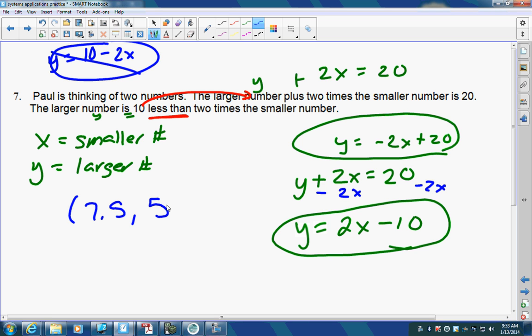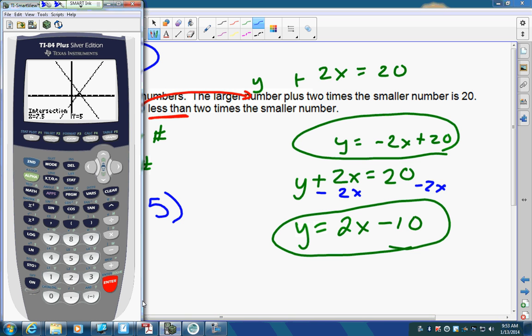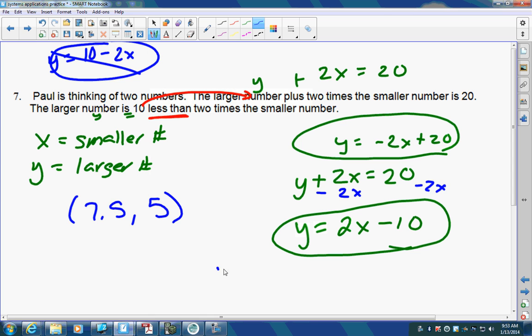Well, that can't be right. What happened? Isn't x my smaller number? 7.5 and 5. So the larger number plus 2 times the smaller is 20. The larger number is 10 less than 2 times the smaller. Well, what happened here?